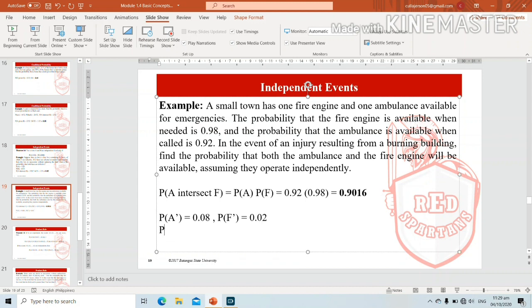So, para makuha yung probability na hindi available yung ambulance at fire engine is 0.08 multiply sa 0.02. So, ang answer natin is 0.0016 or 1.6 times 10 to the negative 3.